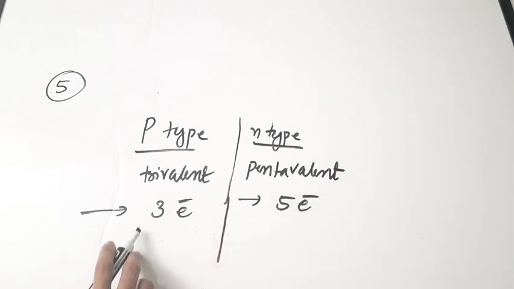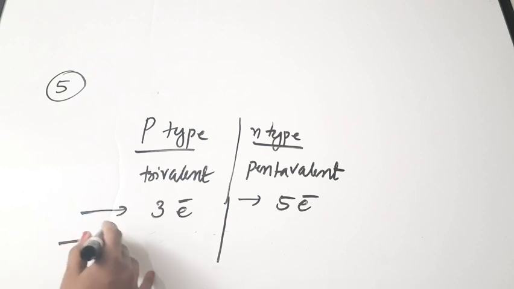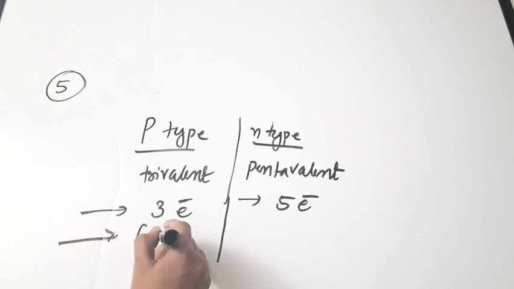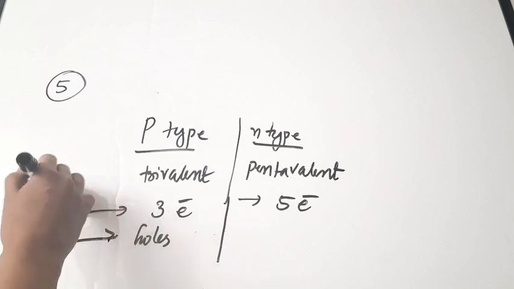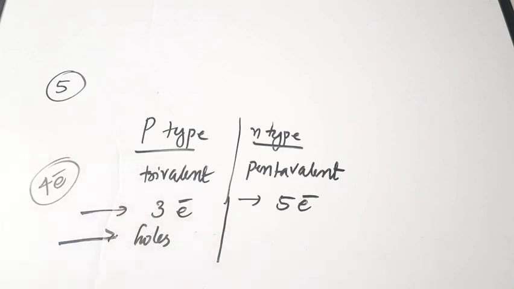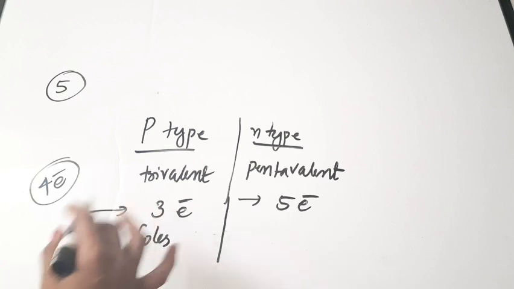When a trivalent impurity is added, you will be creating holes, because we need 4 electrons to complete the covalent bond with the nearby silicon atoms. There is a deficiency of 1 electron, which means a hole. Deficiency of an electron is a hole. So holes will be generated more and more.